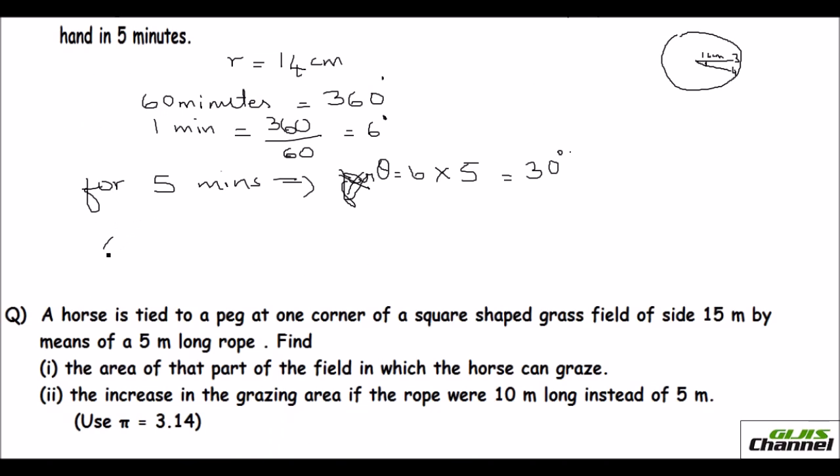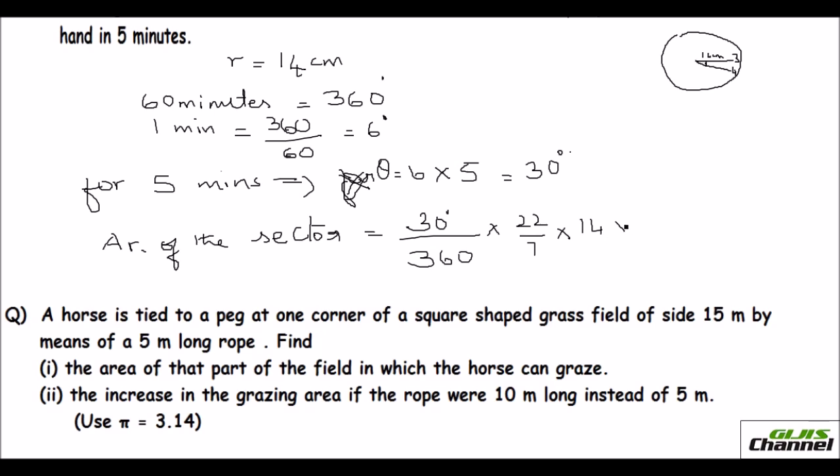So let me find the area now. Area of the sector, because it is going to sweep the complete sector, right? The angle is 30 degrees, 30 divided by 360 times pi r square. Pi is 22 over 7, and the r is 14 times 14, right?